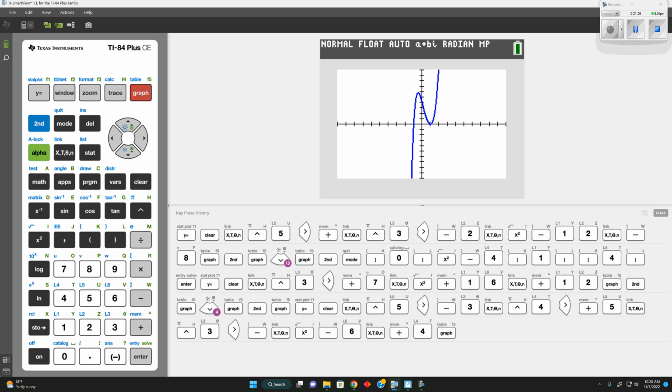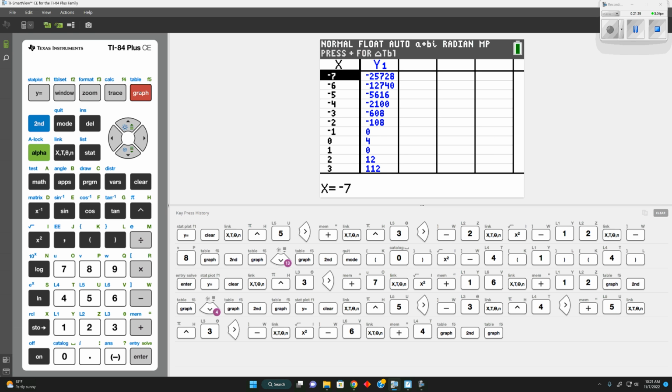And graph it. So we do have some places where it crosses, or we do have some zeros. So if we go to the second graph, we have zeros at -1 and 1.